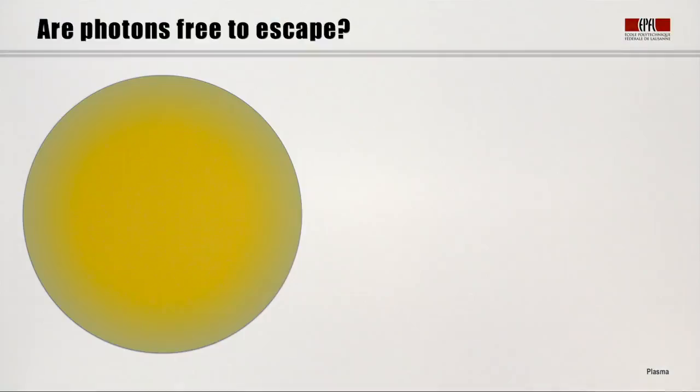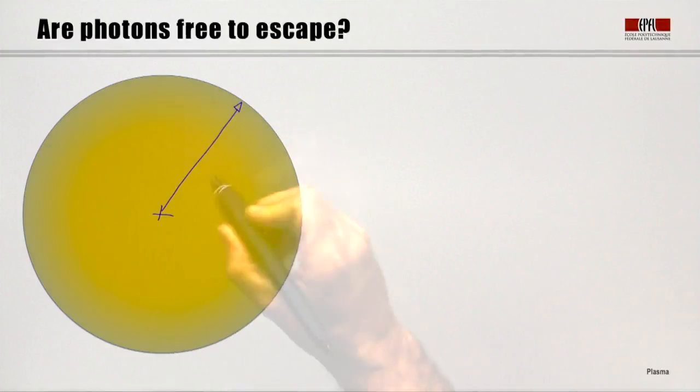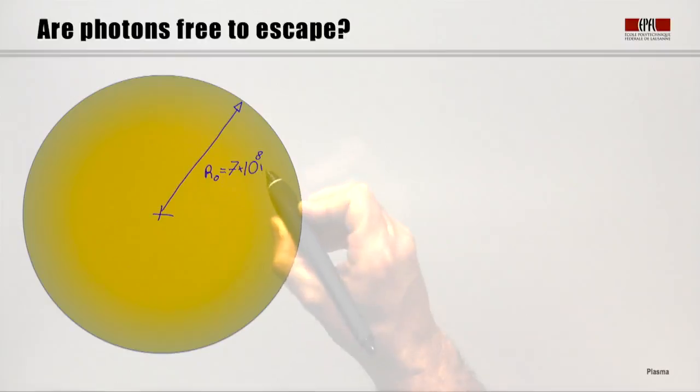Let's now make a simple exercise and suppose that the photons are free to escape from the Sun. Let's consider a photon that is generated in the center of the Sun and that free flies to the surface of the Sun after having traveled a distance which is equal to the radius of the Sun, r0, which I recall here is approximately 7 × 10⁸ meters.